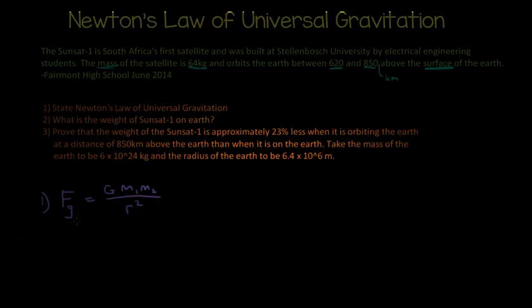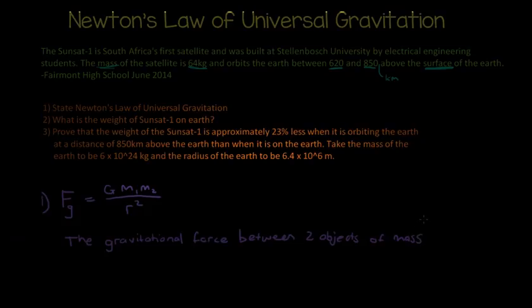So what are we speaking about? We're talking about the force, the gravitational force. And what is this force between? It's between two objects of mass. That's really important. So between two objects of mass.